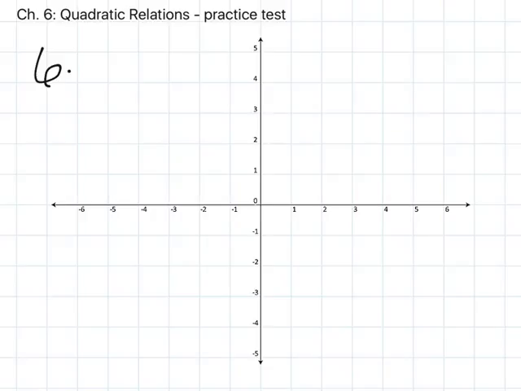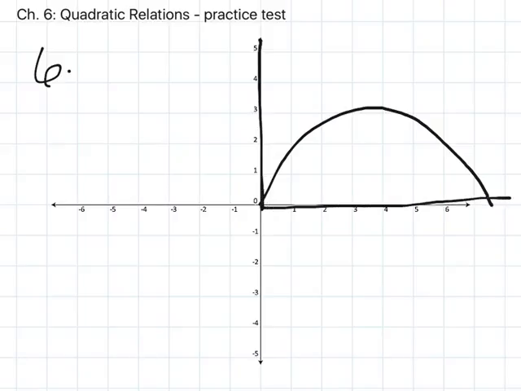So you have your bridge, and so ignoring the numbers on here, it would go kind of like that. Again, ignoring the numbers on here. Just using it for a graph.